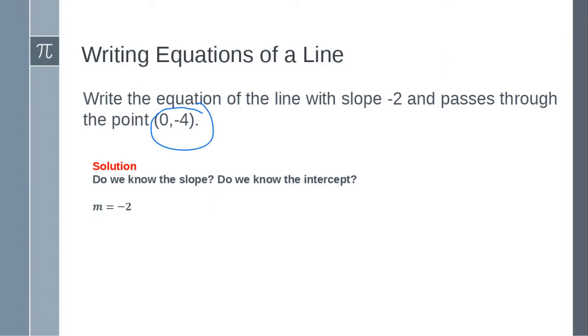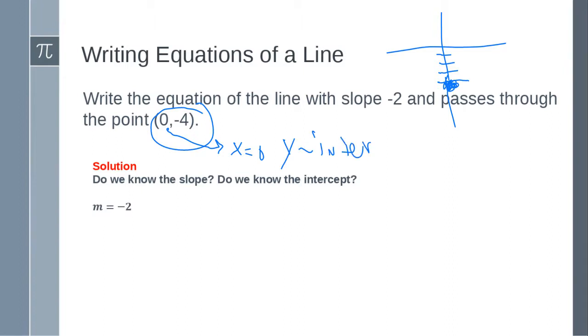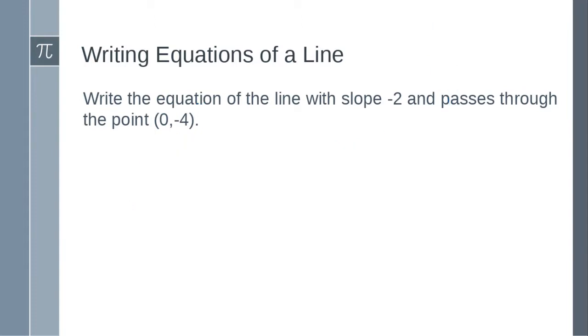So if we were to plot that point, it's going to be down here, and that's going to be called the what? The y-intercept. Okay. So since the x here is 0, then this makes this point the y-intercept. Okay. So although they didn't say this is the y-intercept, they did provide it for us.